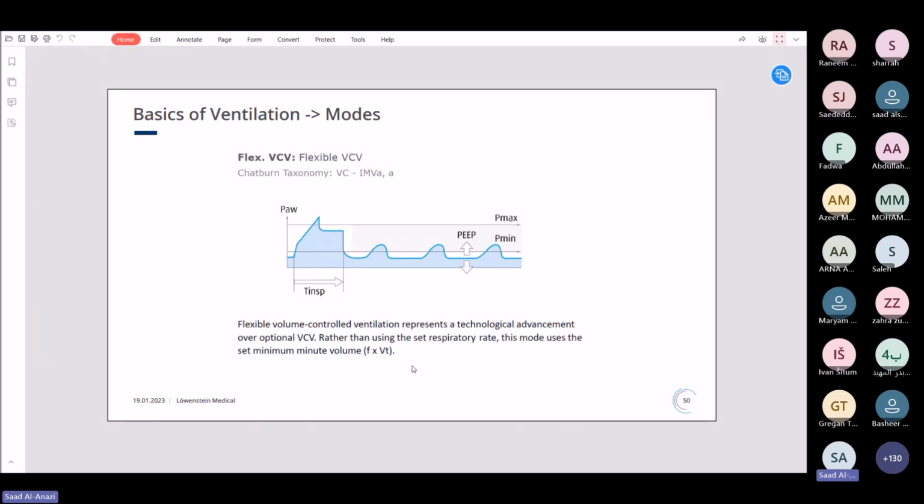So if the minute ventilation is less than the target, the patient will receive a mandatory breath. If the patient has a larger minute ventilation than the acceptable minute ventilation, the mode gives the patient a chance to breathe spontaneously. This is the difference between the flexible and the optional.